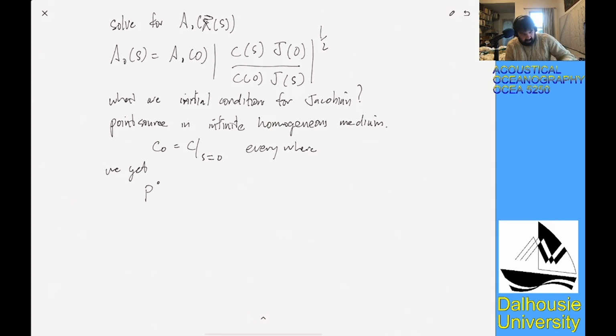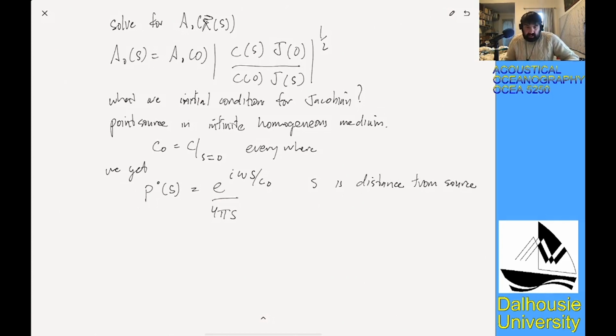We get p of s equals A e to the i omega s over c naught over 4 pi s, a problem we solved maybe in the second lecture, maybe even the first lecture, I don't remember. Where s is the distance from source, e to the ikr over r, right?